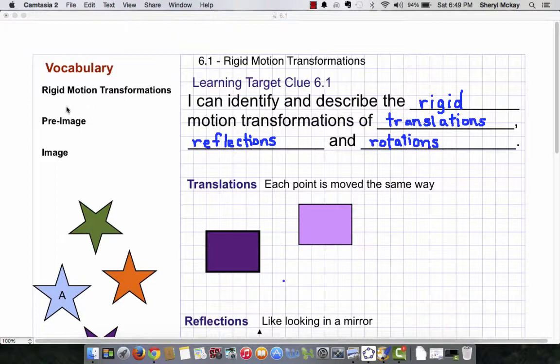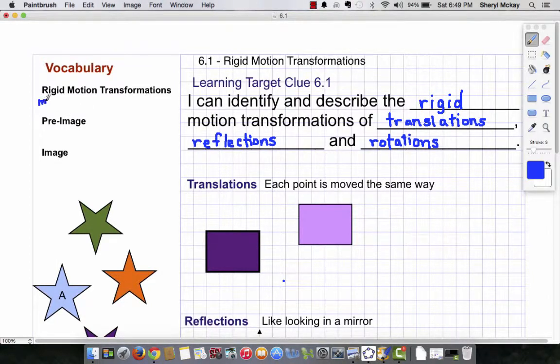Making a copy of a shape, a line, even a point. Think about when you copy and paste something on your computer. We copy it and then we paste it somewhere else. That's really what we're doing.